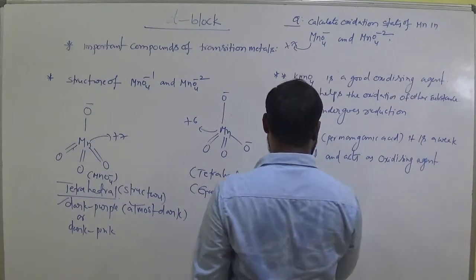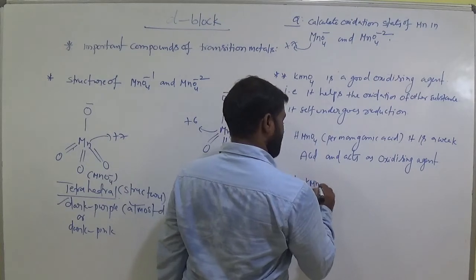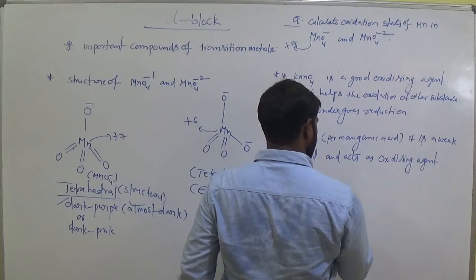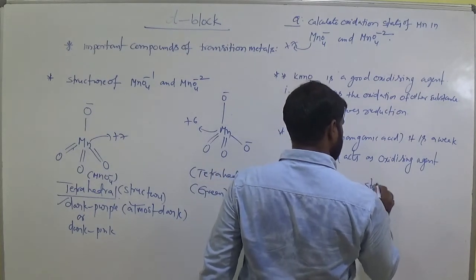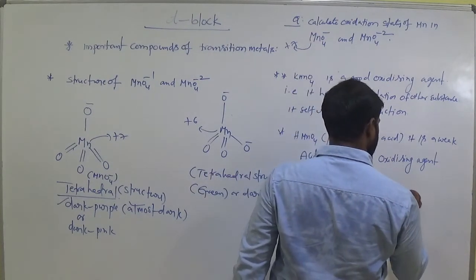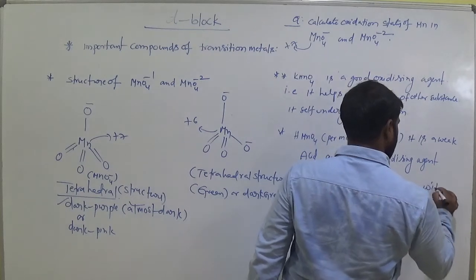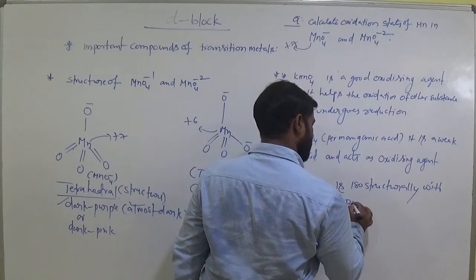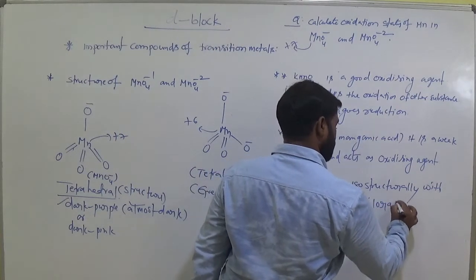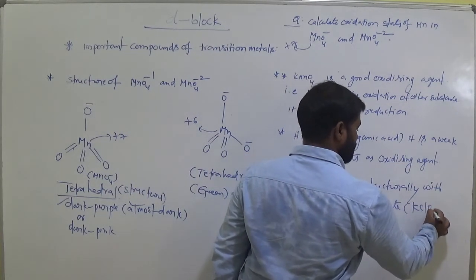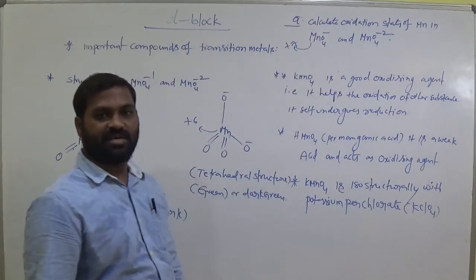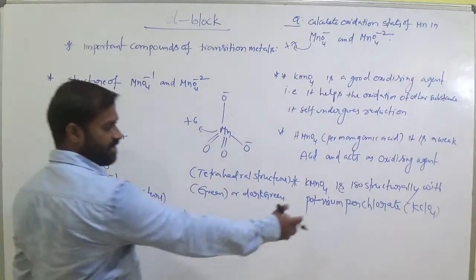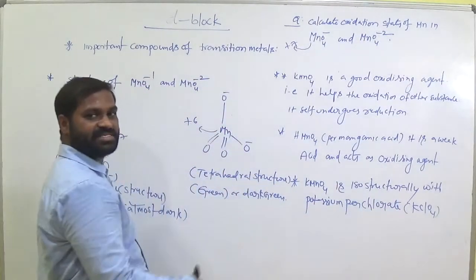The KMnO4 structure is also similar to potassium perchlorate, KClO4. It is isostructural, a similar structure.